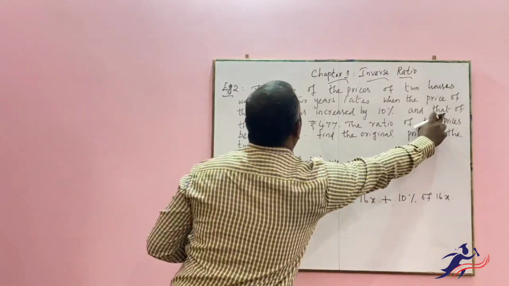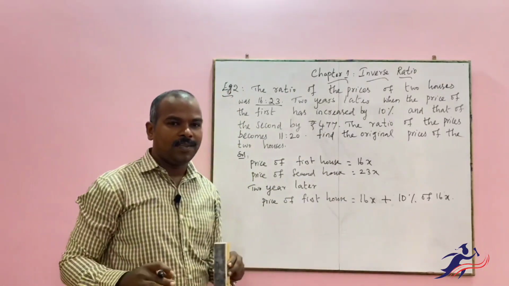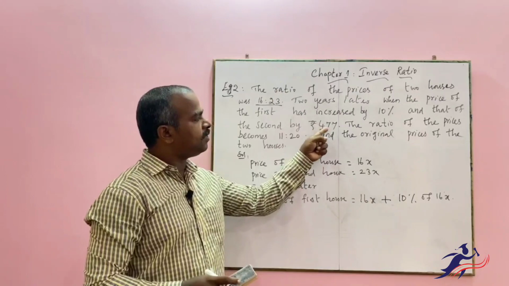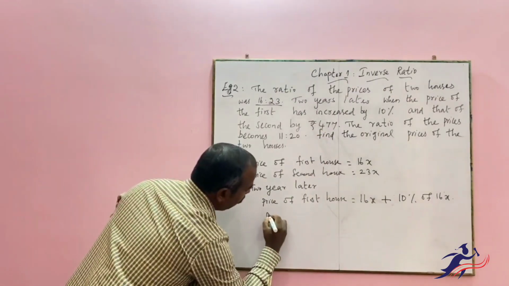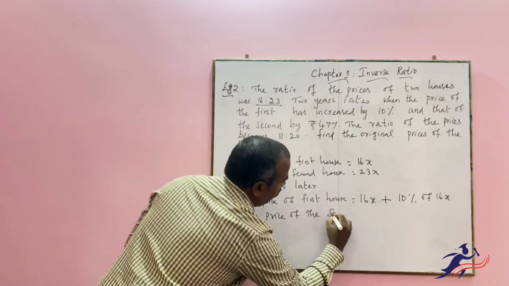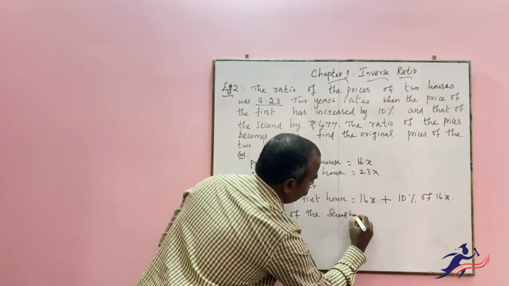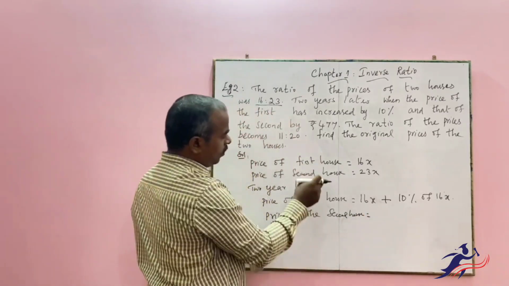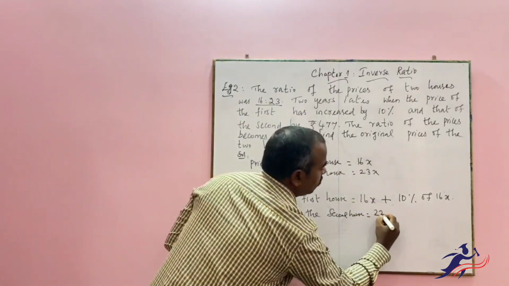Also given that the second house is increased by 477. So the second house is increased by 477. Therefore, price of the second house is equal to the original price, that is 23x.